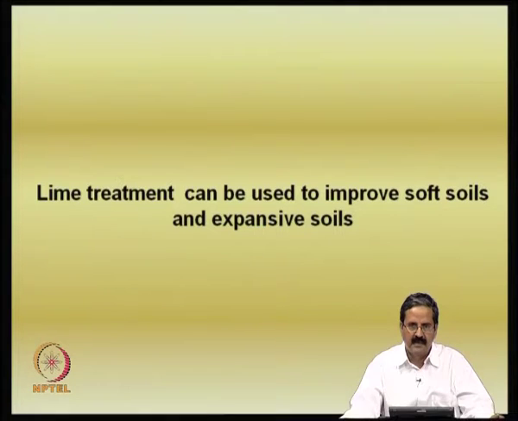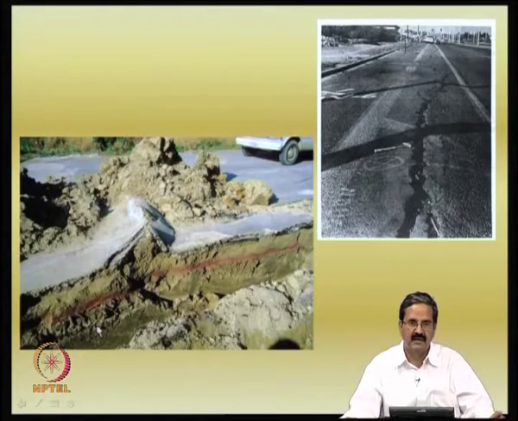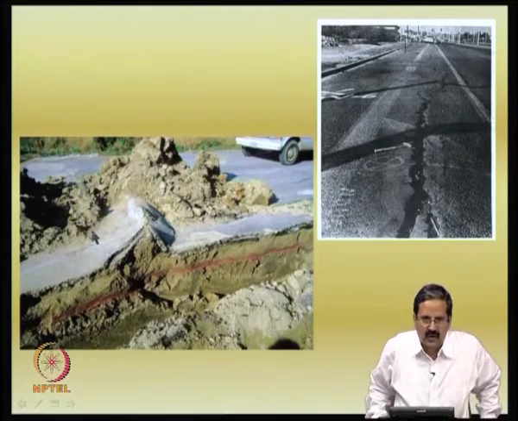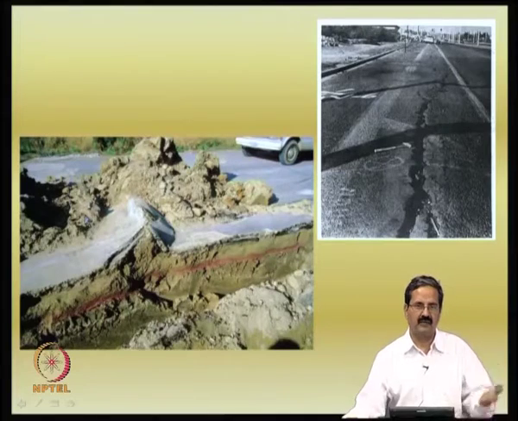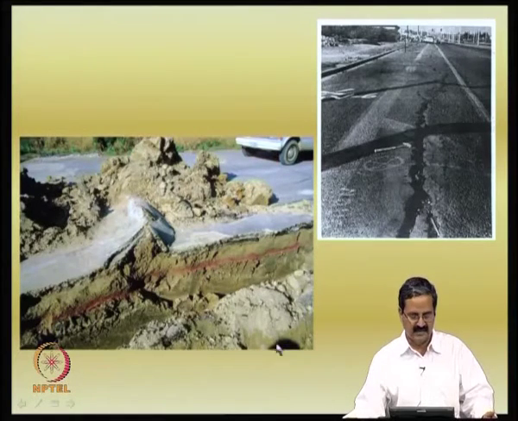For example, lime can be used for pavements, and lime columns could be used for improvement of bearing capacity and all that. These are some typical failures that one can see. You can see very clearly a heave of the pavement, because when the expansive soil is subjected to alternate wetting and drying, there are some places where there could be more changes than the rest.